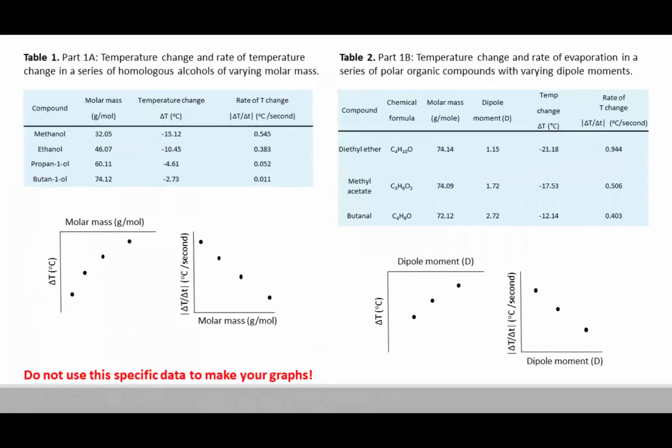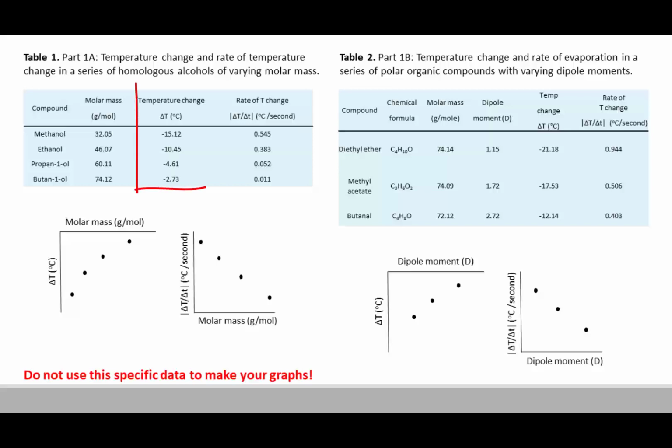As mentioned earlier, after watching this video, you will be provided with a dataset from your Moodle lab course. The dataset will look something like what is shown in this diagram, but please use your own data and not what is in this diagram. Your task will be to use Excel to generate a total of 4 graphs. Table 1 shows typical data for the homologous alcohol series.